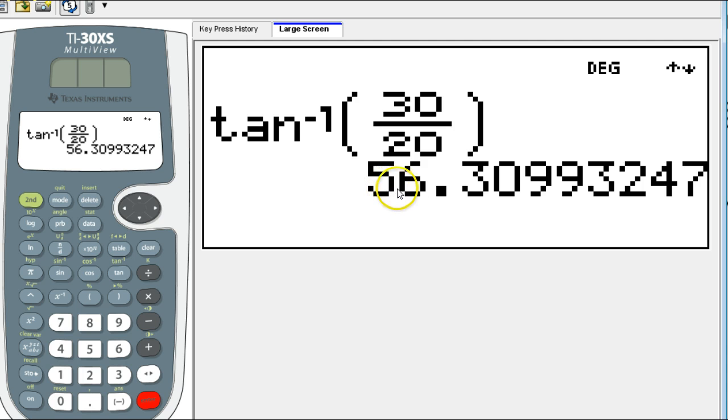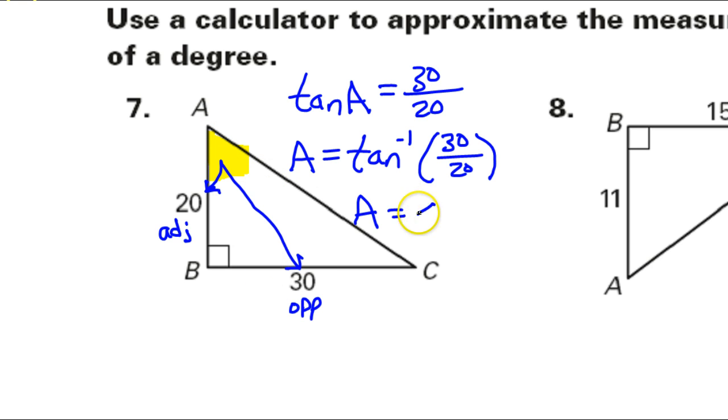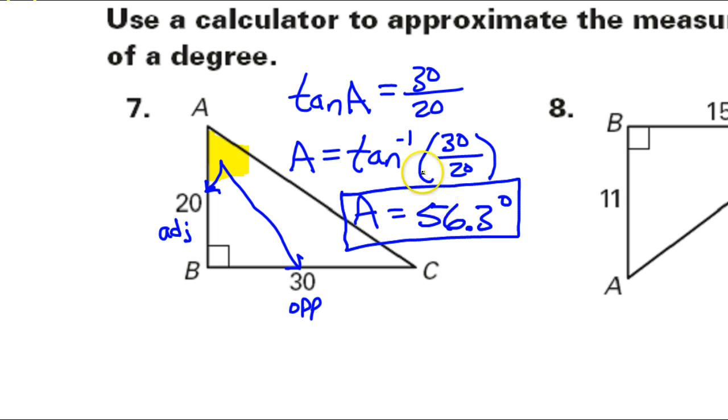So that is 56.3 degrees, rounding to the nearest tenth. That would be your answer to number 7. You have to show these two steps and then the answer. You can't just do it all in your calculator and just write the answer.